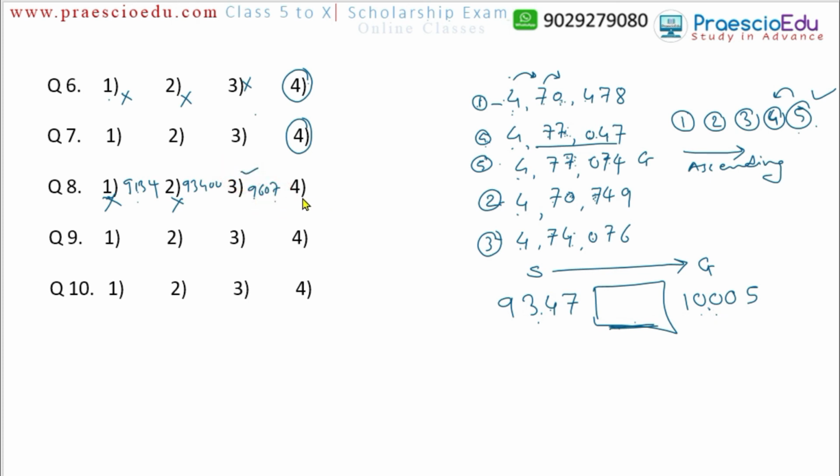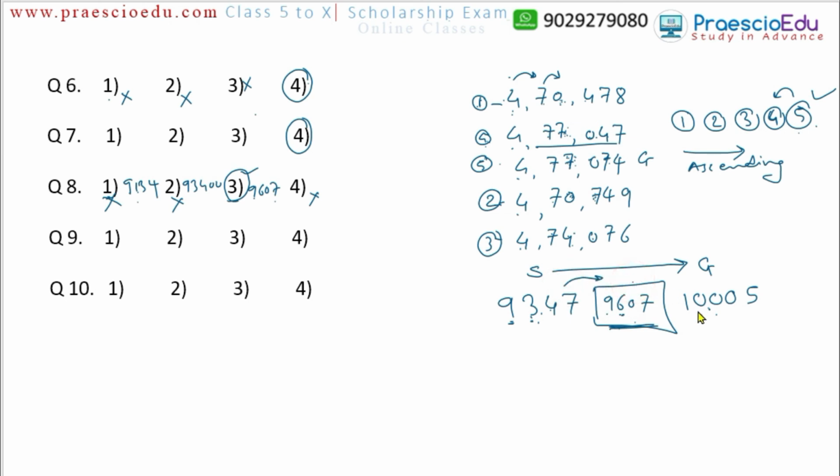Just check for option number 4. Option number 4 is 8,000. So 8,000 is smaller than the 9,000. So this should not be. So only option number 3 is the correct one. So here 9,607 it should be, because after the 9 and after the 3, 6 is here. So as compared to the 3 and 6, the 6 digit is greater. So this order is the correct one.